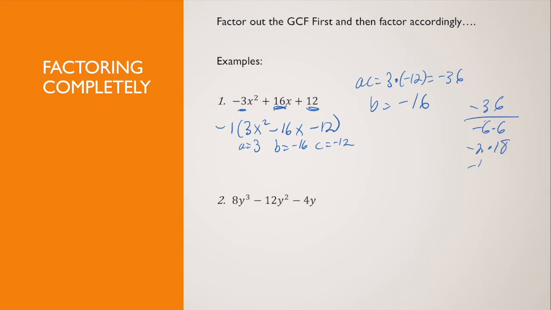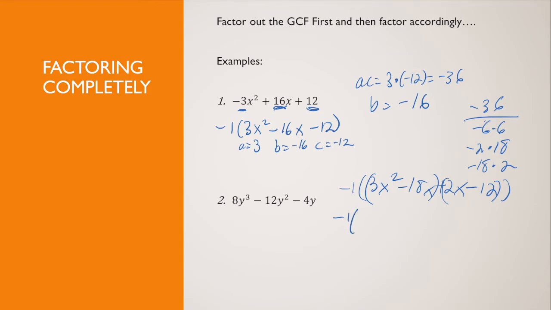So I'm going to use that information to pull apart my middle term. I have -1 times, keeping that negative on the outside, 3x squared minus 18x plus 2x minus 12. And now I can factor by grouping. The greatest common factor of 3x squared minus 18x is going to be 3x.